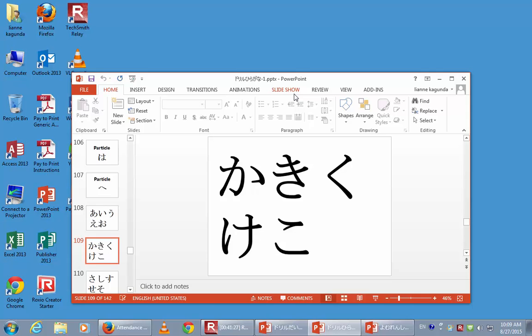12 o'clock. How much? 2 o'clock? Not 2, 12. What's the ju part? So juni is 12, ji is o'clock. So juniji is 12 o'clock. So you were on the right track. They use a 24-hour clock, don't they?